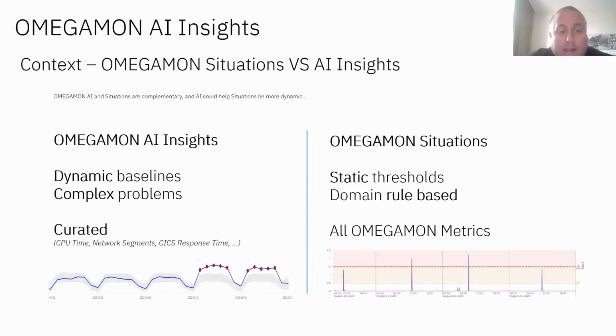The AI Insights is looking at specific problems, identifying abnormal response time in CICS and abnormal MSU consumption, where the static thresholds that we have are still rule-based, that our clients go and identify. So pulling these together really gives our clients a really powerful way to monitor their environments.